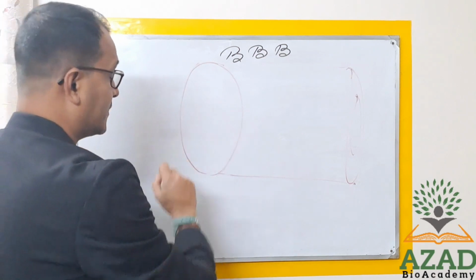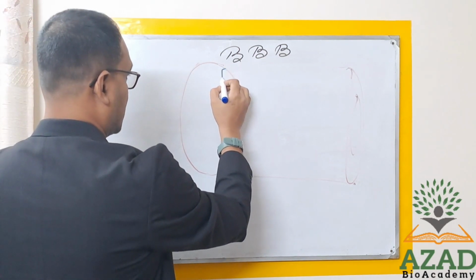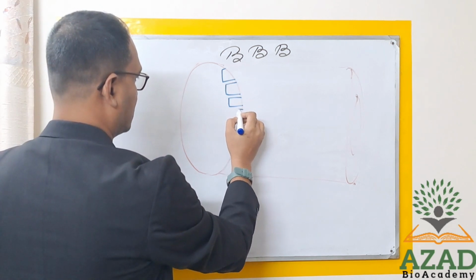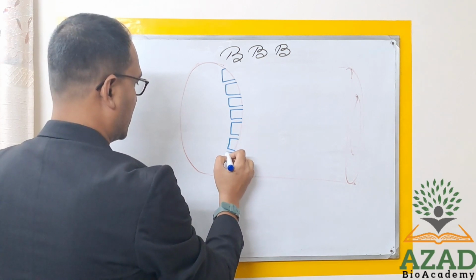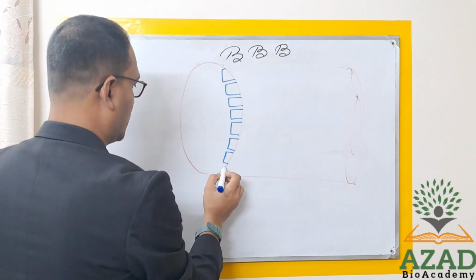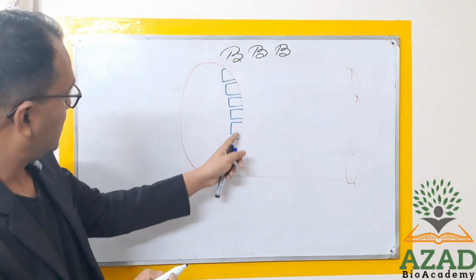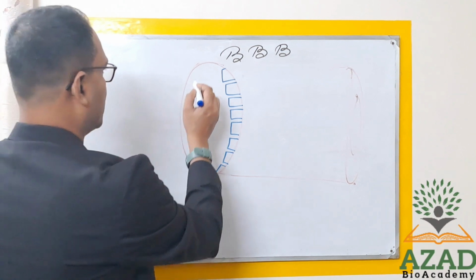Here I must first draw the endothelial cells, which arrange to form the endothelium.